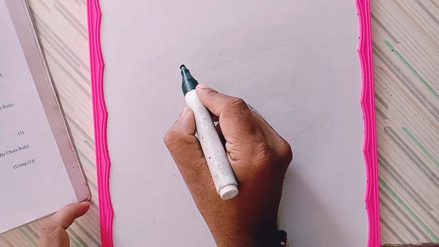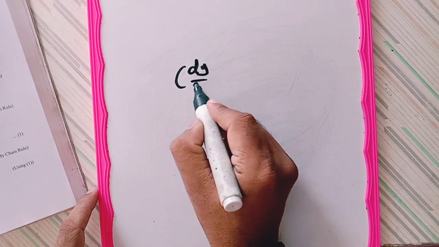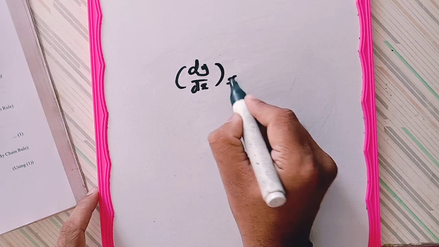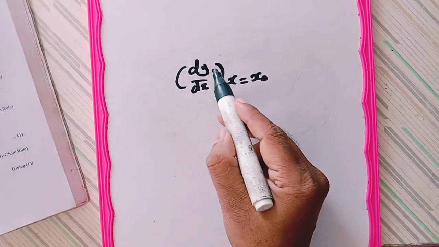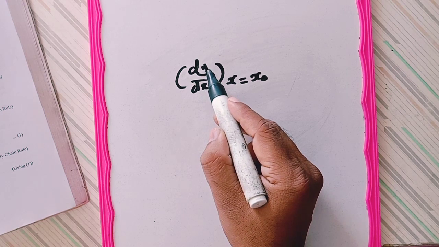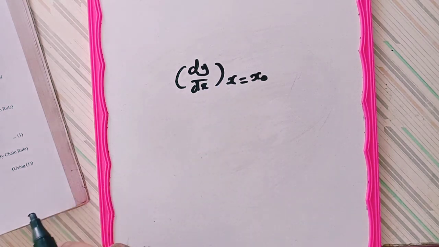Now we write dy by dx at x equals x0, which means the change of y with respect to x at the point x0.